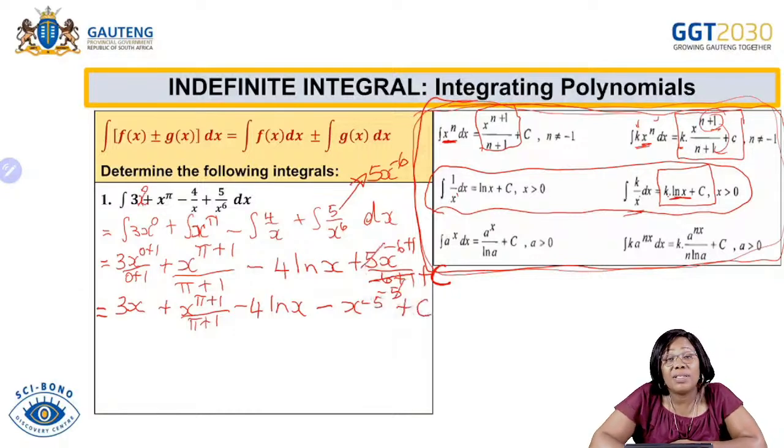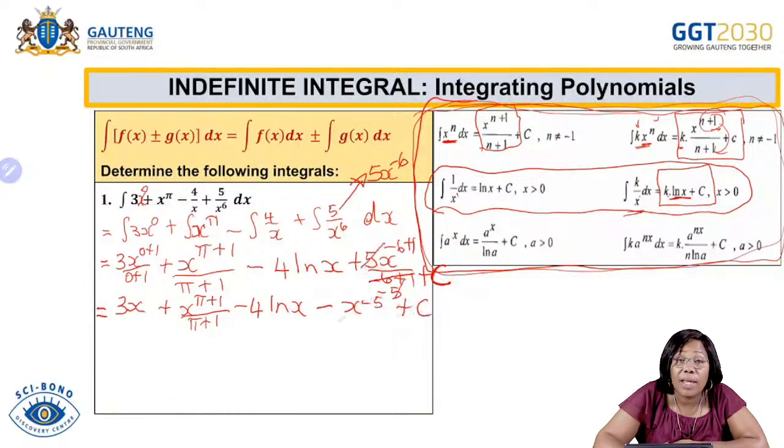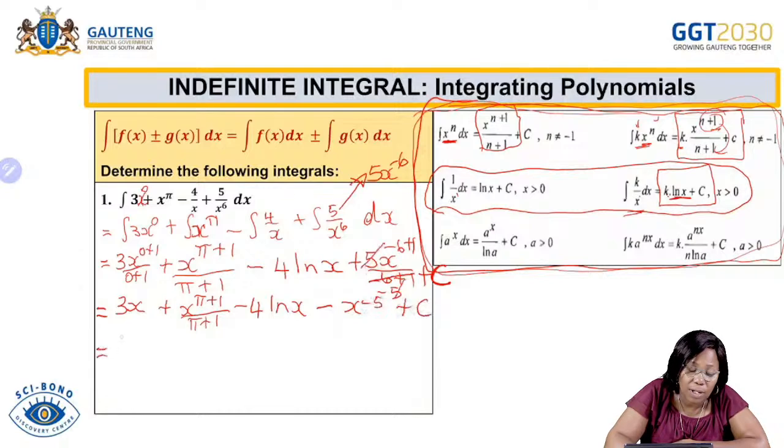If an examiner says with positive indexes or exponents, that means you need to get rid of that one. No negative on your exponents in your final solutions. We are just targeting that last one where we are going to get rid of the exponents. So we write everything as it is, minus 4 ln x, and then this one will be minus.